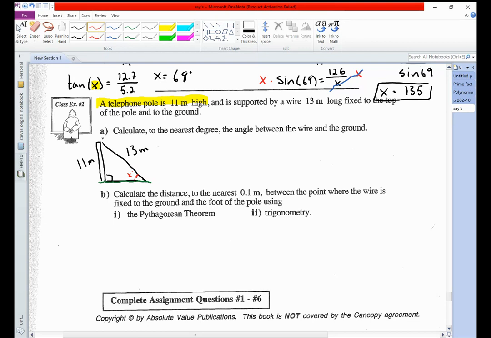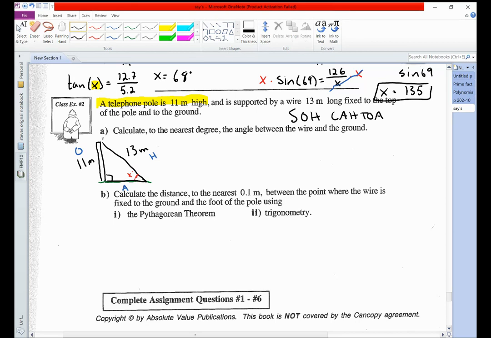So now we can label our triangle. Across from the x is our opposite side. Across from the right angle is the hypotenuse. The ground is the adjacent. And we can choose our trig function. I'm going to write my SOHCAHTOA right here. So I have my opposite and my hypotenuse.